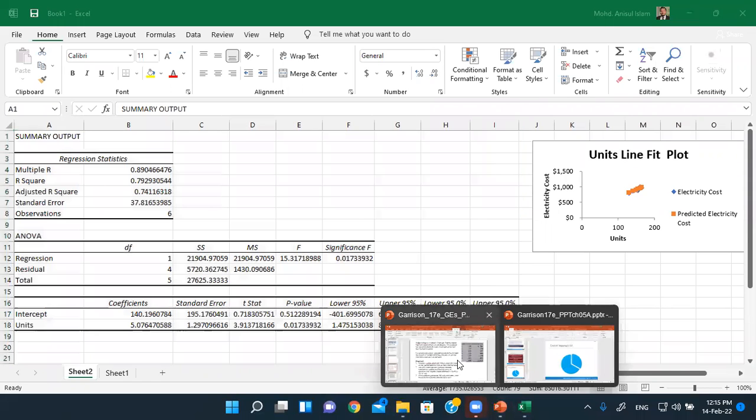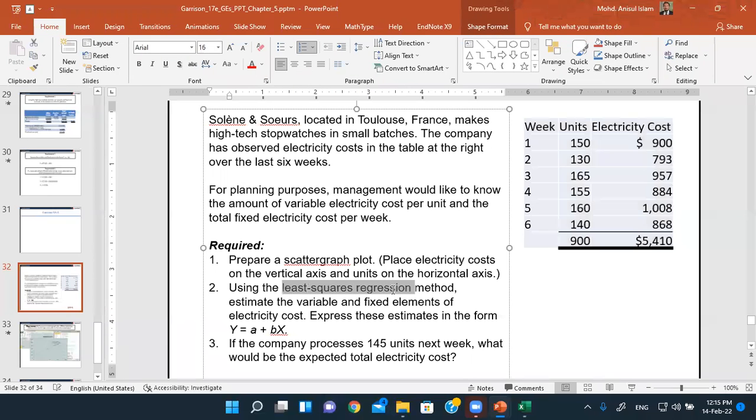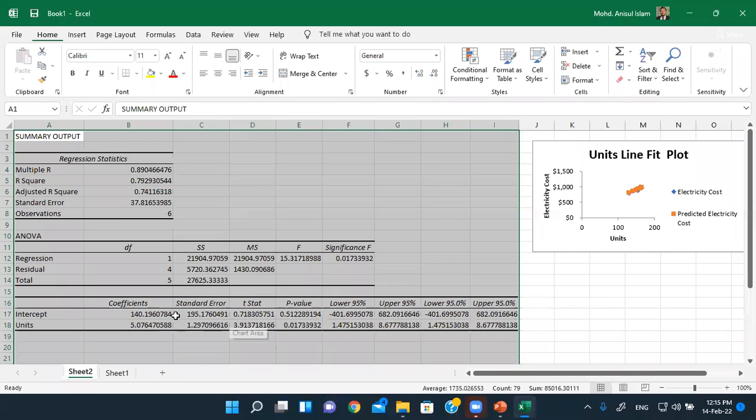So let's look at our requirement, then we'll come again. We have already solved our least square regression and we have our output available. We need to find out the variable element of the electricity cost and the fixed element of the electricity cost. So we see that the fixed element is 140.19. What do you think?